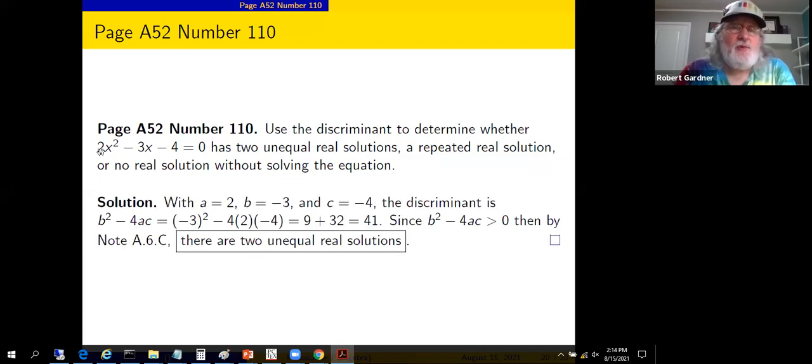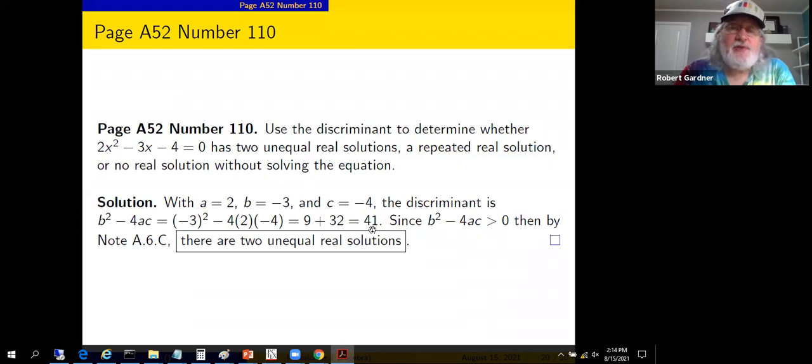We have a equals 2, b equals negative 3, and c equals negative 4. Take these parameters: the discriminant, b squared minus 4ac, is then negative 3 squared minus 4 times 2 times negative 4. Negative 3 squared is 9, and negative 4 times 2 times negative 4 is positive, 8 times 4 is 32.